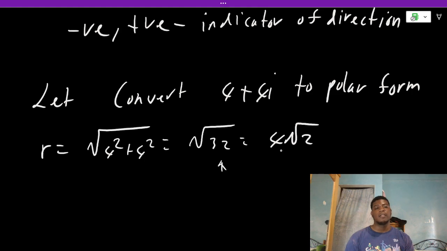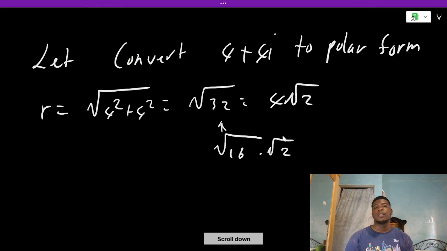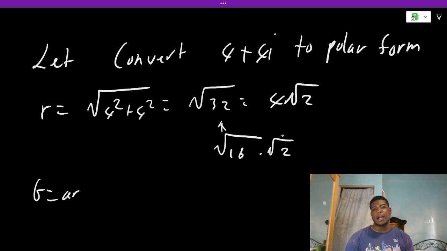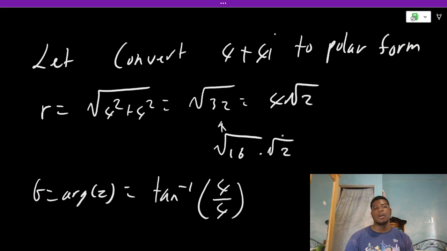Then, to find theta, or the argument of z, that's equal to the tan inverse of 4 over 4, which equals tan inverse of 1, which equals 45 degrees, which is pi on 4.